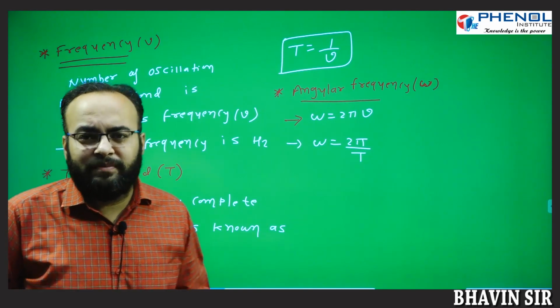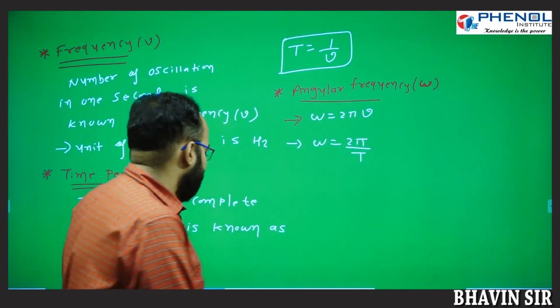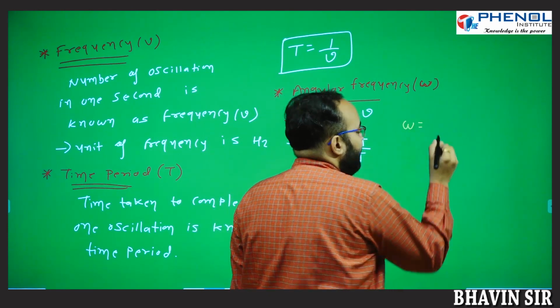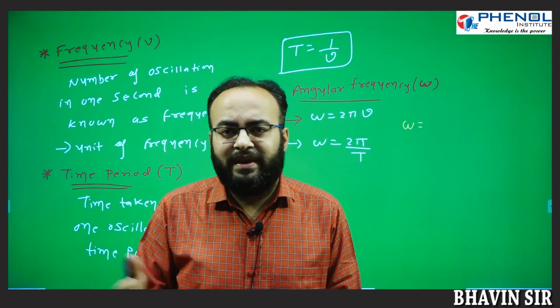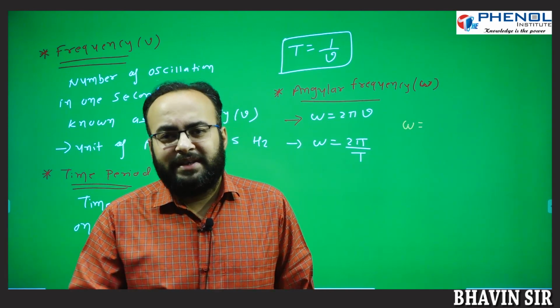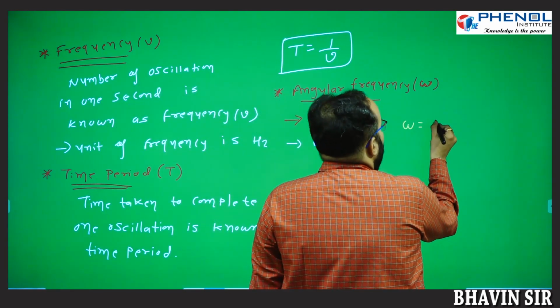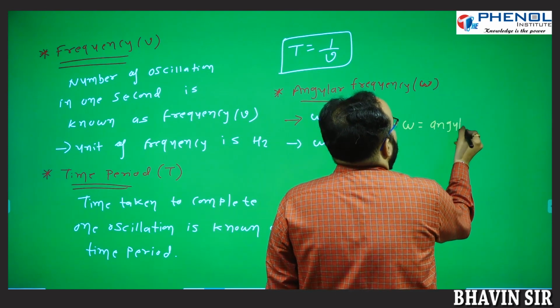Why is it 2 pi by T, students? See, what is the general meaning of velocity? Velocity means displacement by time taken. So angular velocity means angular displacement by time taken.